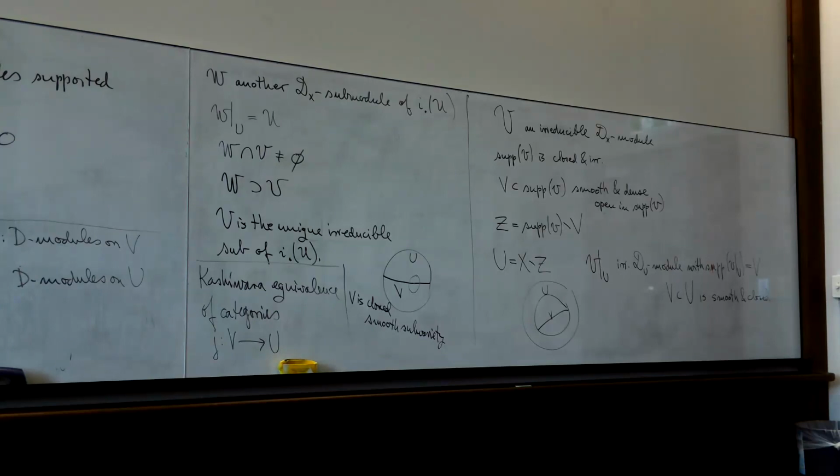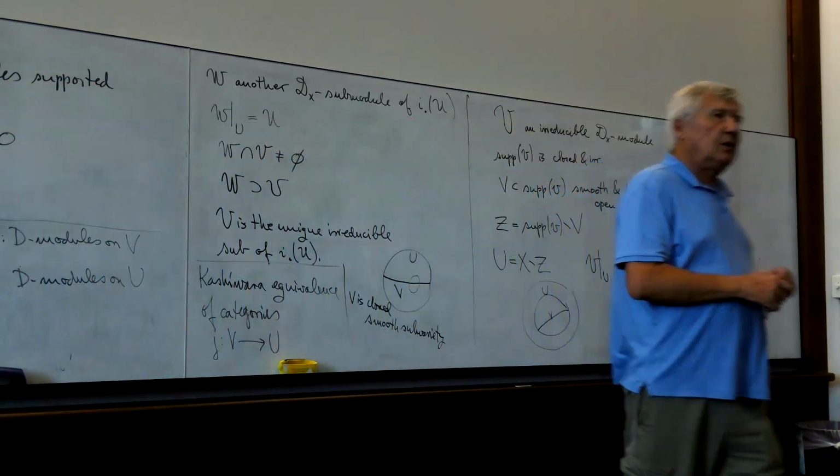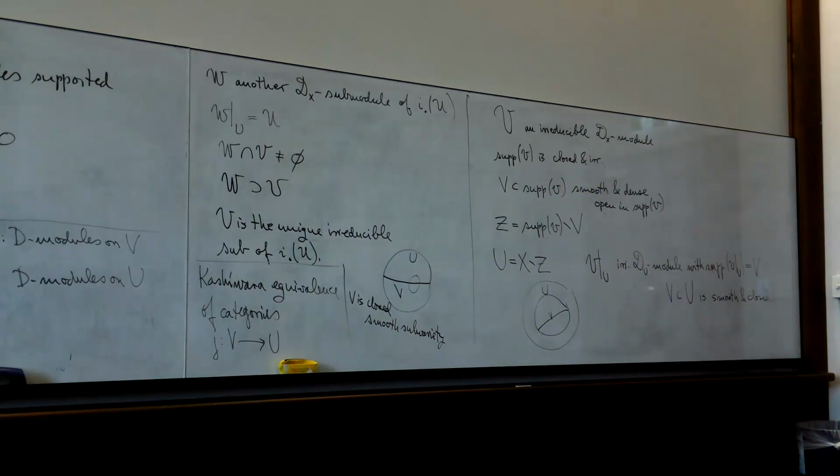Does this make sense? I just have part of the argument: the irreducible D module. So there's no homogeneity condition. No. And this just follows from what we know for the smooth case.